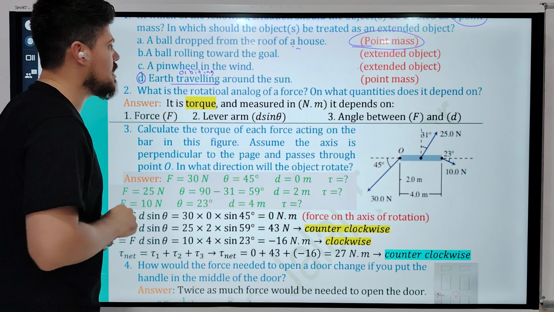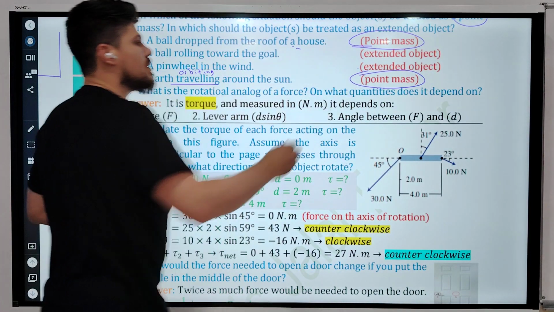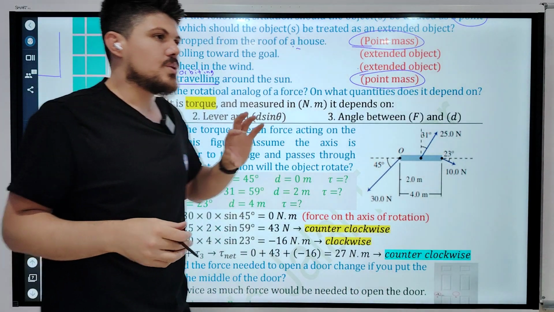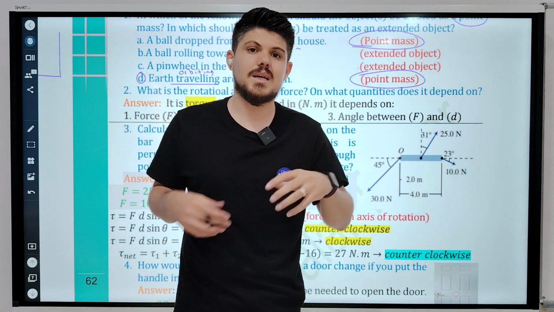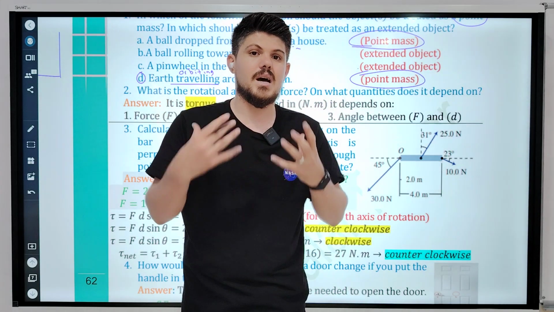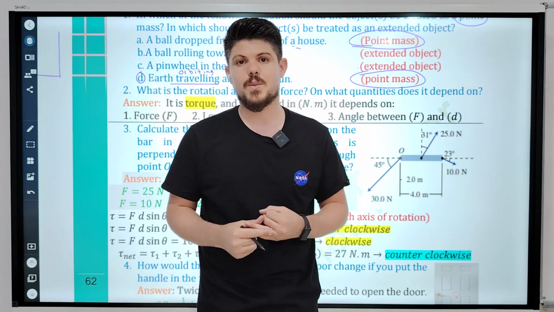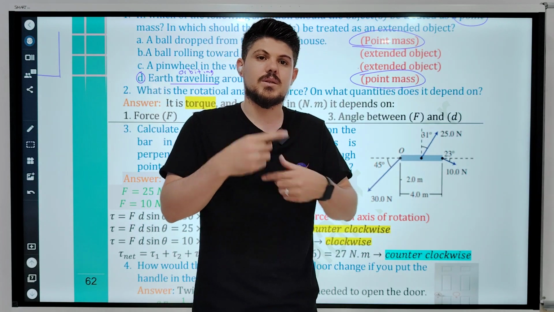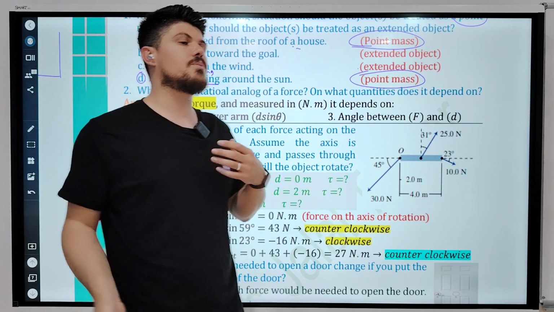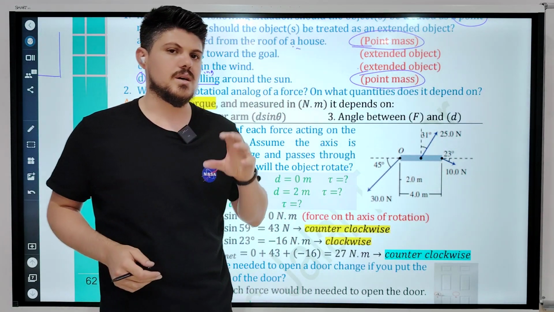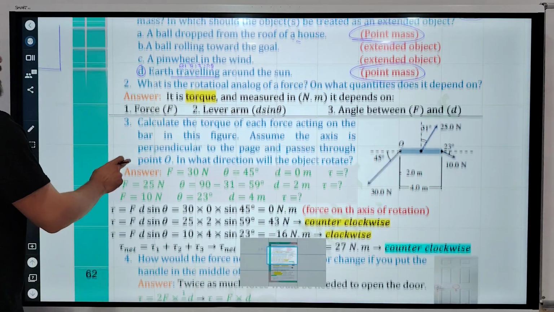Traveling Earth around the sun, treat it as a point mass. Be careful. But if the question describes the motion of the rotating Earth around itself, extended object or point mass? Absolutely an extended object, because it describes the rotational motion. But when the question says traveling or orbiting around the sun, the object's motion can be treated as a point mass.